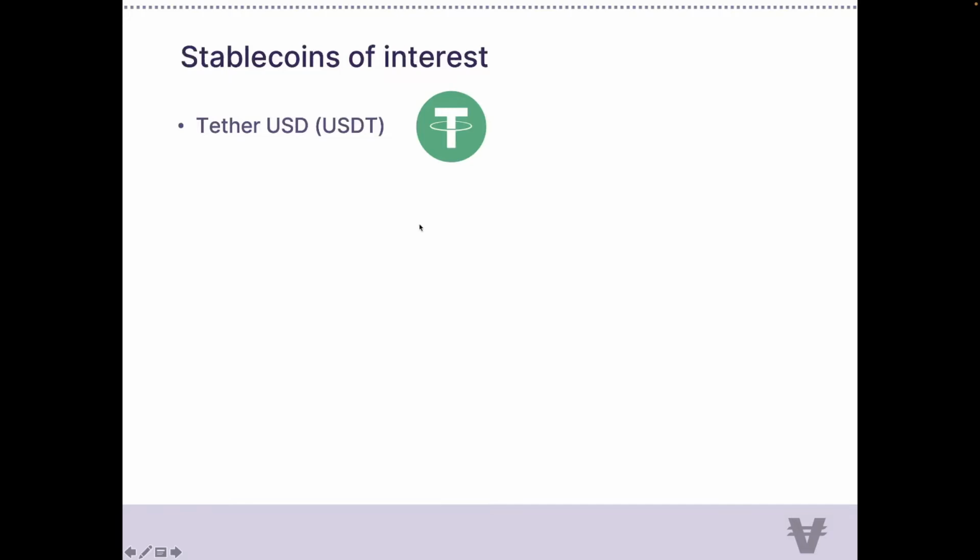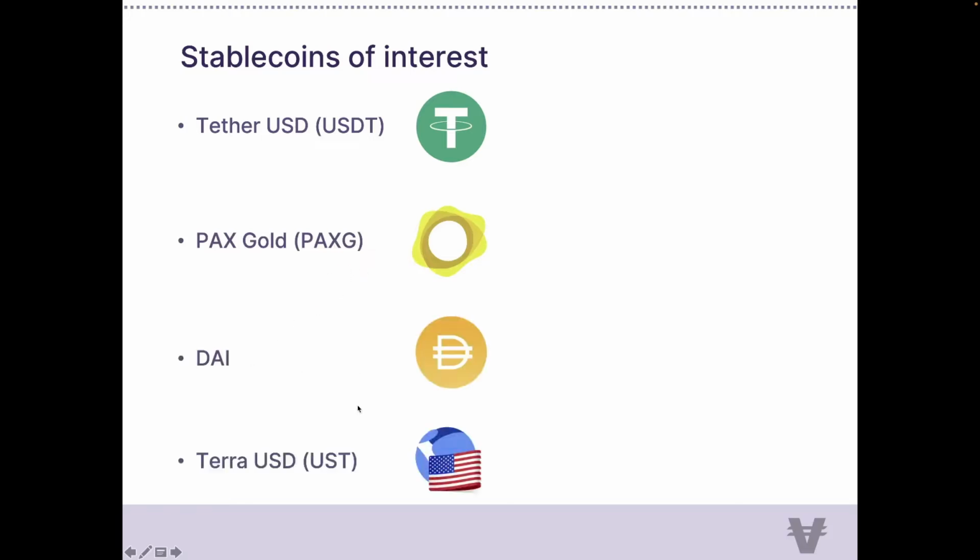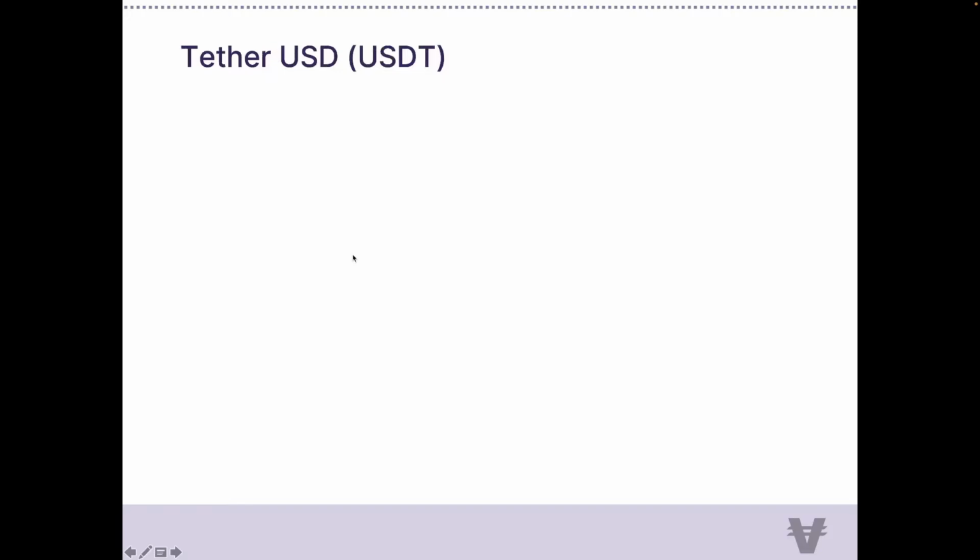So, as I mentioned before, we want to talk about USDT, PAX Gold, DAI, and Terra USD in this specific order. Starting with Tether USD, you have probably used this stablecoin while trying to buy some other cryptocurrencies.